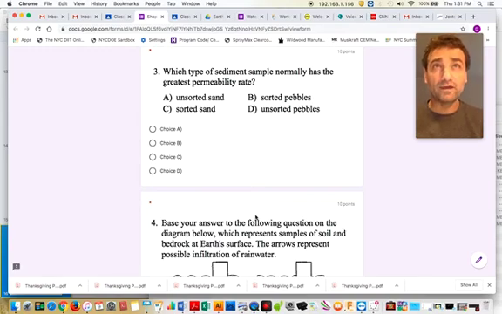Okay, so pebbles that have the same shape and size. Yeah, maybe, because it's bigger than sand. Sorted sand. No, because sand is still smaller than pebbles, so pebbles are still more permeable. And unsorted pebbles. No. So the answer here is B, sorted pebbles, because they're all the same shape and size, and pebbles are bigger than sand, therefore more permeable.